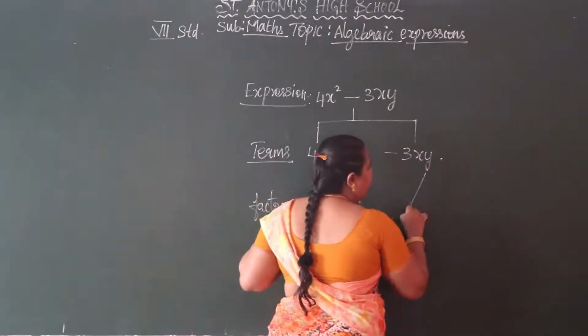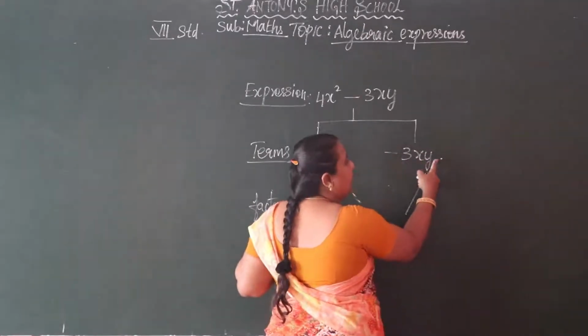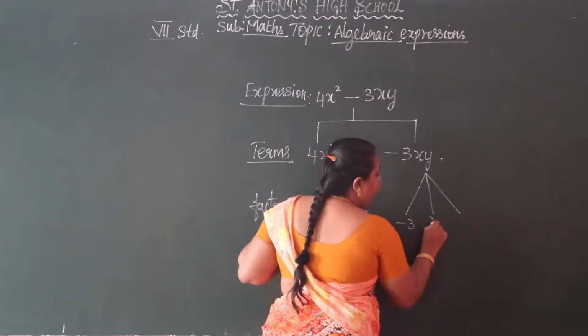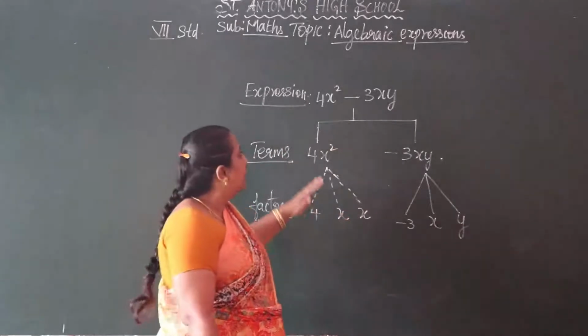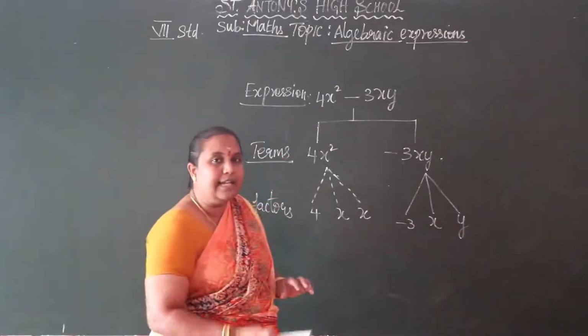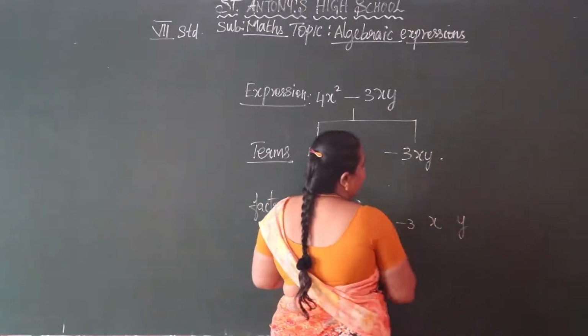So here how to write? Minus 3 is one factor, and another x and y. So 3 factors: minus 3, x and y. These are the factors of the given expression, and we write them in the form of dotted lines.